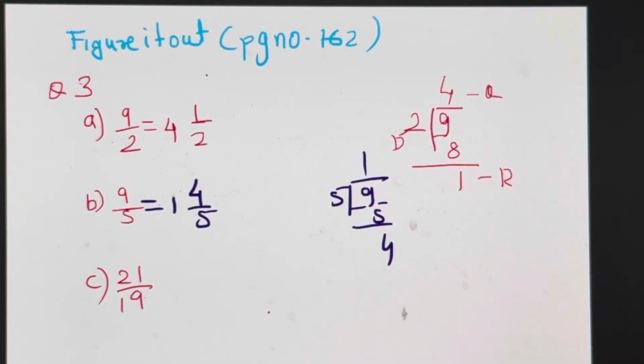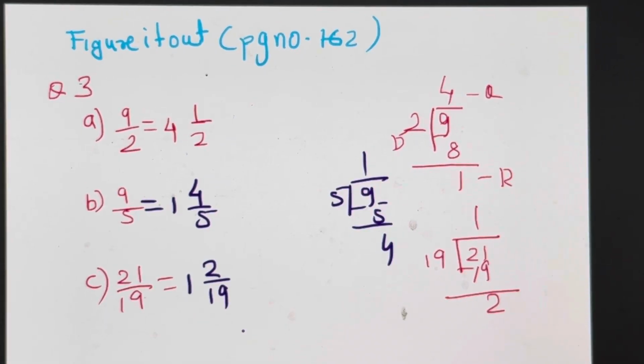It would be very time consuming if you write 21 times 1 upon 19, so that's why we are doing rough work over here. 21 divided by 19. 19 ones are 19. Remainder is 2. So you get 1 whole 2 upon 19. That's your answer C.